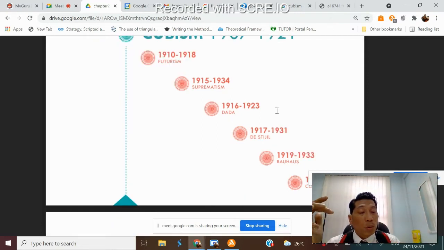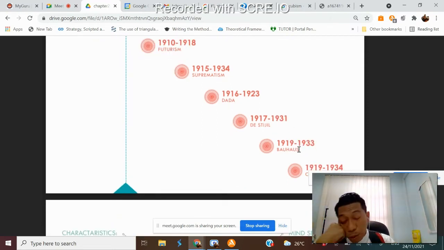And one of the famous ones, hopefully you guys can remember this, because sometimes during your conversations with other designers, they also refer to the Bauhaus concept. So you should know what the school of Bauhaus is. Bauhaus is actually a school back in Germany, if I'm not mistaken.